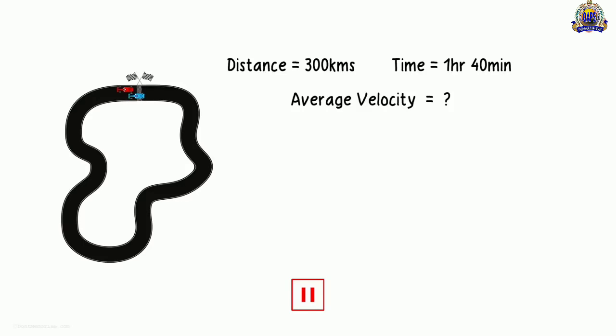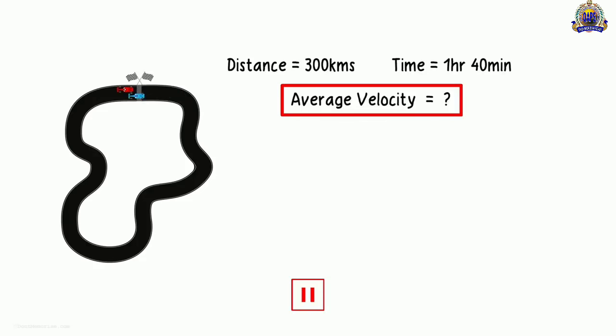So if the total distance is 300 kilometers and the time taken is 1 hour and 40 minutes, what will be the average velocity of these vehicles? The initial point is the same as the final point, so whenever these vehicles move throughout the path and reach the destination, the final point and the initial point are the same.